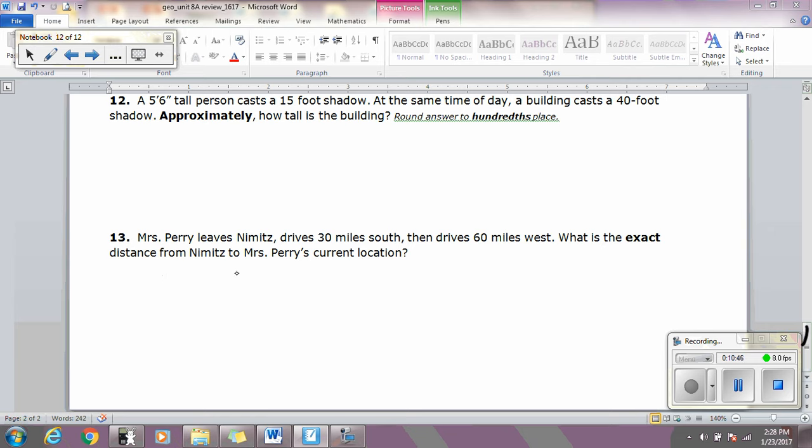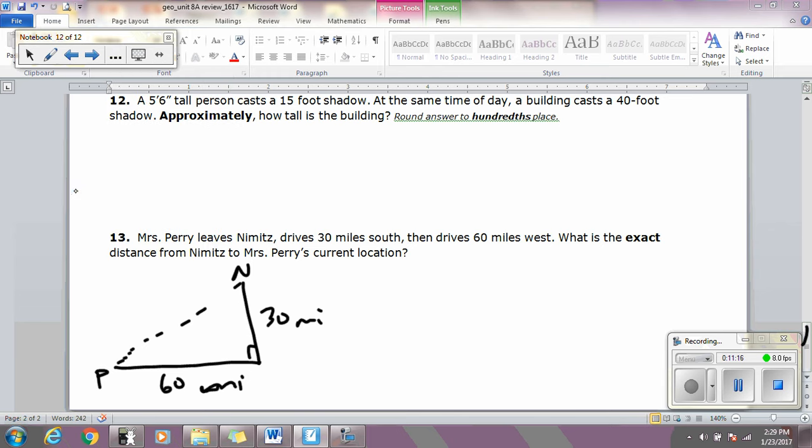Okay. So here's Nimitz. There's 30 miles south and then 60 miles west. And here's your triangle, and this is where Miss Perry is now. It says, what is the exact distance from Nimitz to Miss Perry?